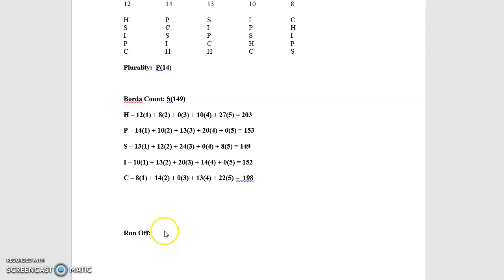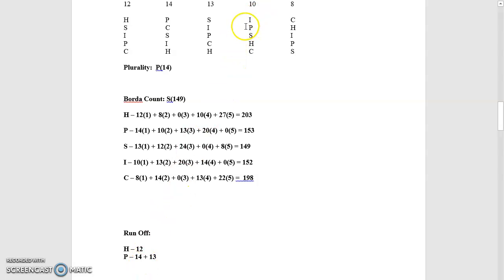Now for the runoff method, I'm left with two options: H, which is at 12 votes, and P, which is at 14 votes. The first two columns stay. For the column in the middle, I eliminate everything but H and P. P goes above H. Unfortunately, I can't cross them out here, but P goes above H, so P gets those 13 votes.